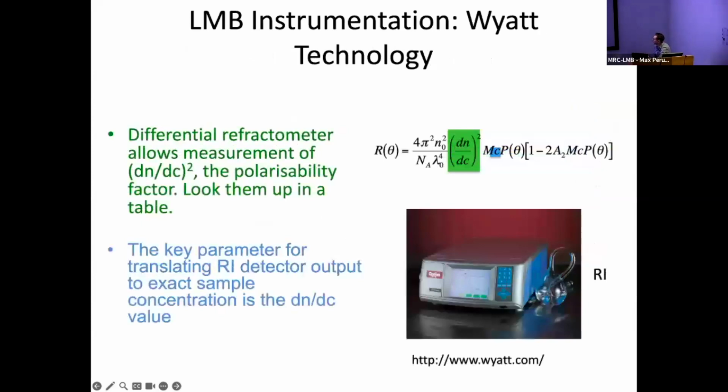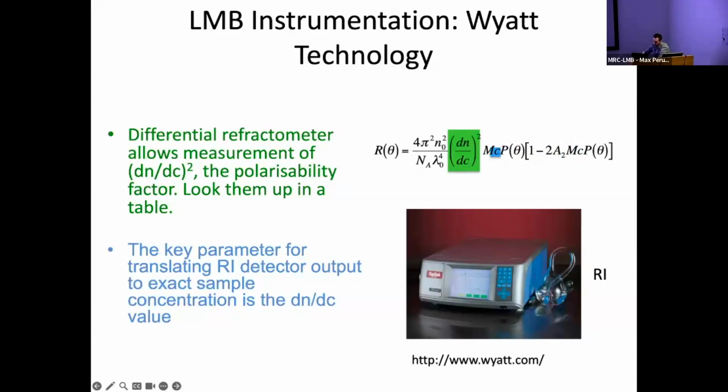So we have this refractive index machine that can measure it, and that can then give us this C. So we can measure the concentration precisely. We've got these numbers, the dN/dc, and we measure the concentration. So to determine the mass, we just need to work out the rest.